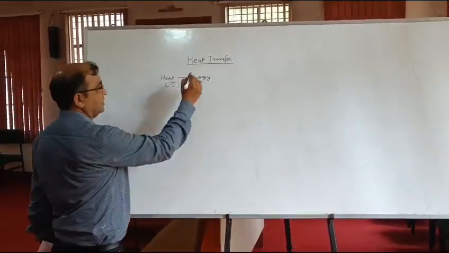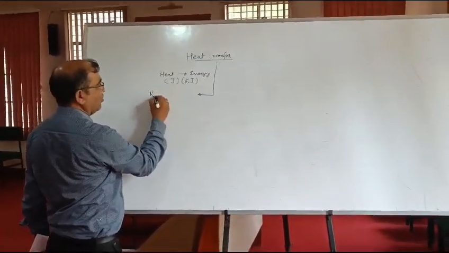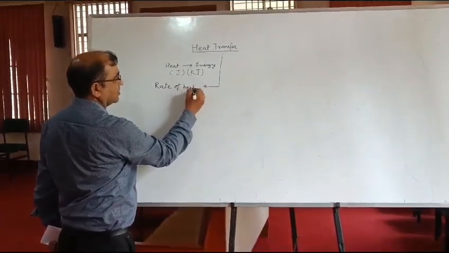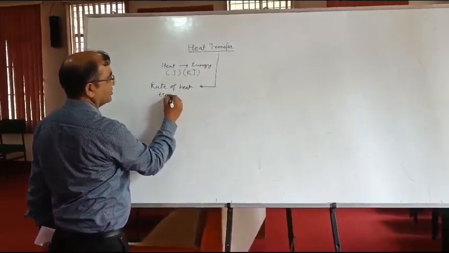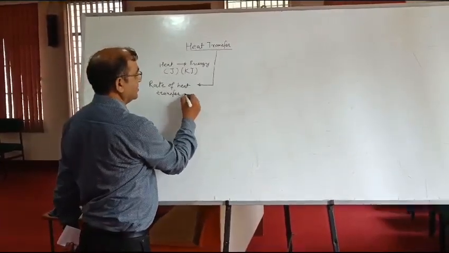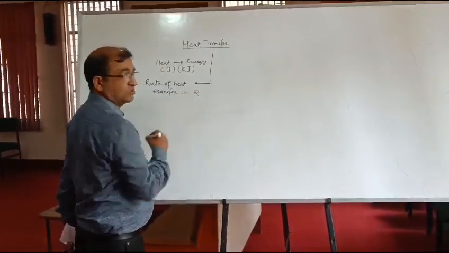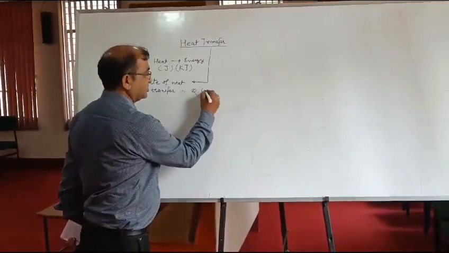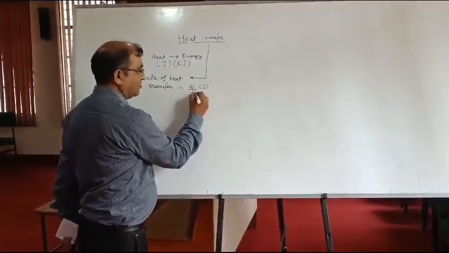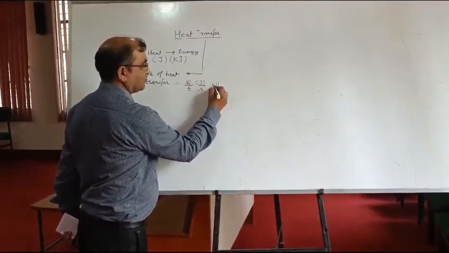Now, the heat transfer subject is related with the rate of heat transfer, that is heat, which is denoted by Q, that is joule per unit time, that is second, which is nothing but watt.